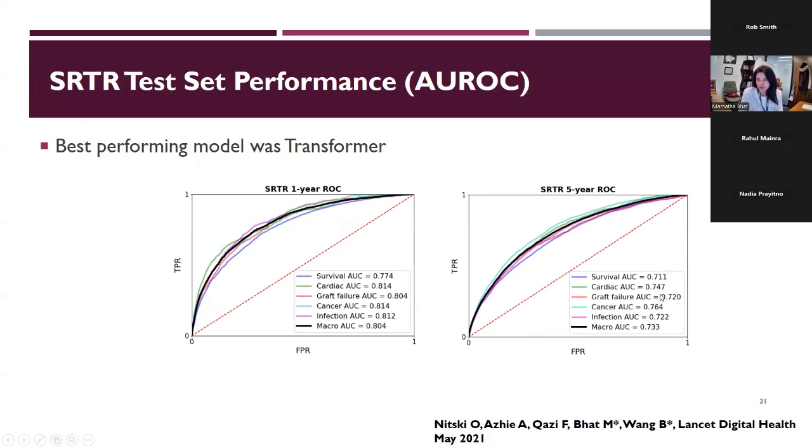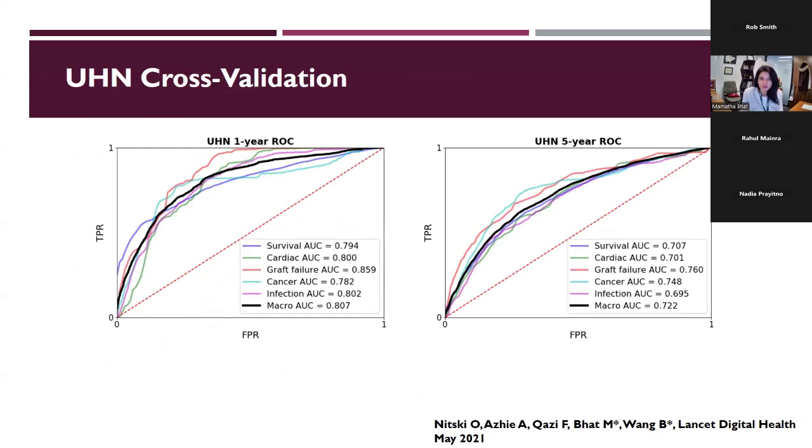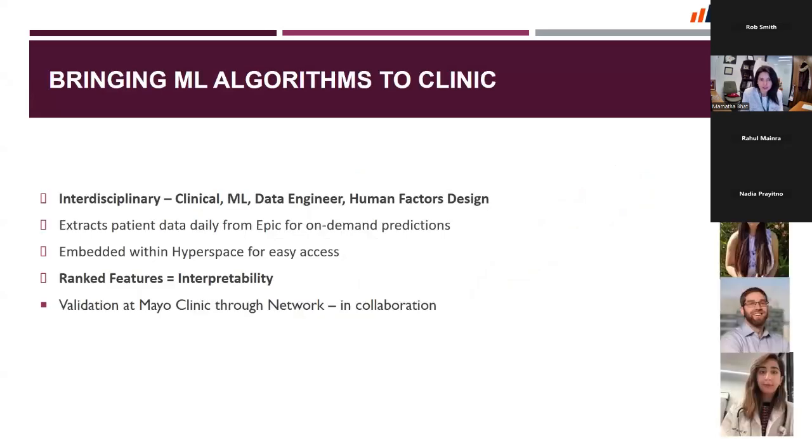And then for 5 year survival, certainly lesser performance. We then also cross-validated on our UHN data, and our algorithm had similar performance as well on our UHN data, although the top-ranked features for the overall populations were somewhat different.